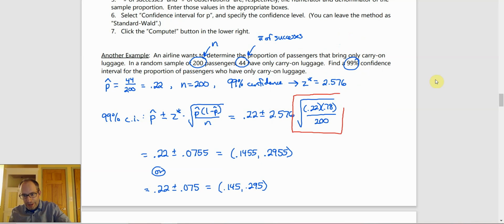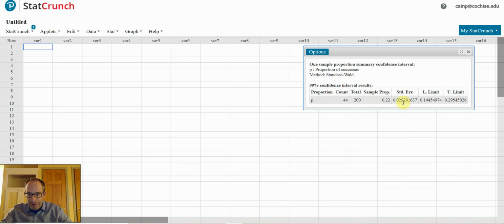So right here, that is your standard error. So it'll tell you what that root simplifies to if you really want it, right? That's what the SE is right here. So if you want that, you can have it, but I don't think you need that by itself very often. Usually it's just you need the lower limit and the upper limit and you're good to go.